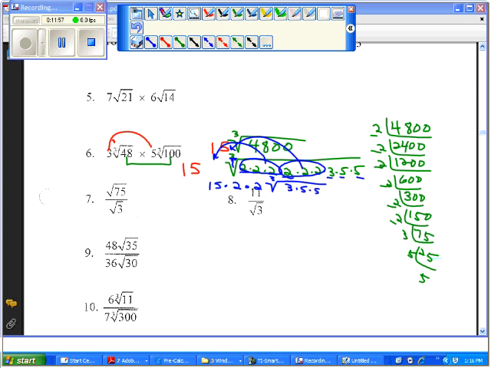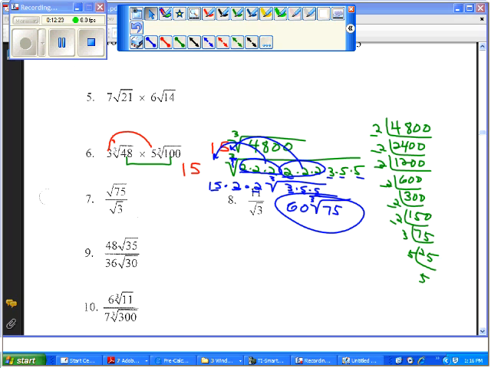Okay? You understand that? 1 from each set comes out. Anything not in a set goes back in. So we're going to have 15 times 2 is 30 times 2 is 60. Cube roots of 25 times 3 is 75. And so it simplifies to 60 cube roots of 75.